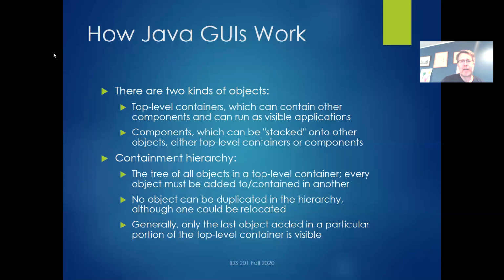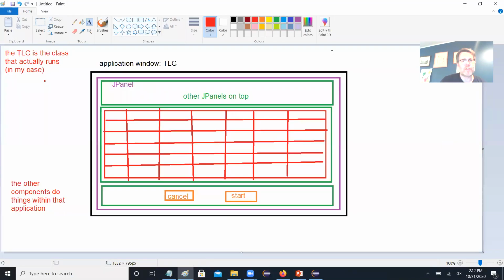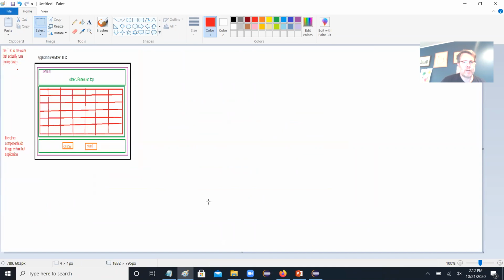Now, every tree has what's called a containment hierarchy. So that tree of all the objects in a top-level container. Let's look at how this is going to look for this particular case here. I start off with first my TLC.